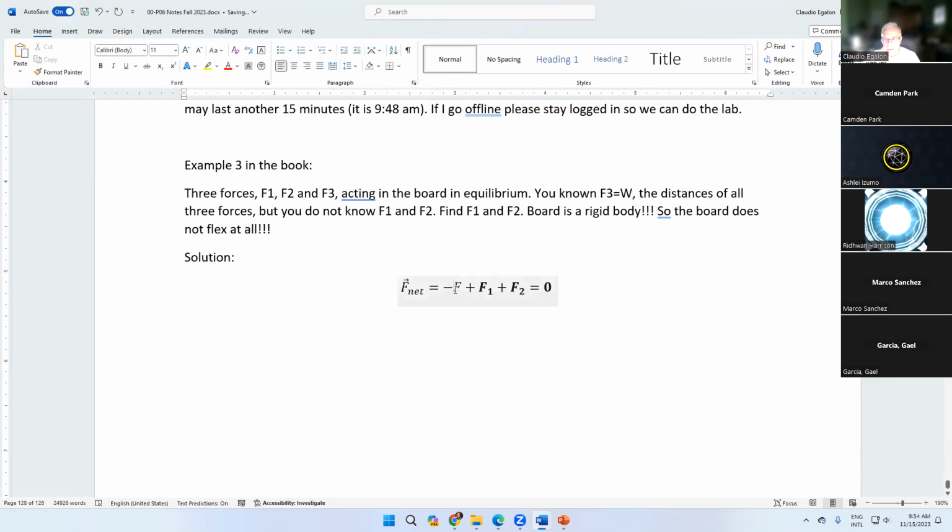I'm going to put W here, and we have a negative sign because the force is downwards. So for the translational equilibrium situation, we end up with something like that.